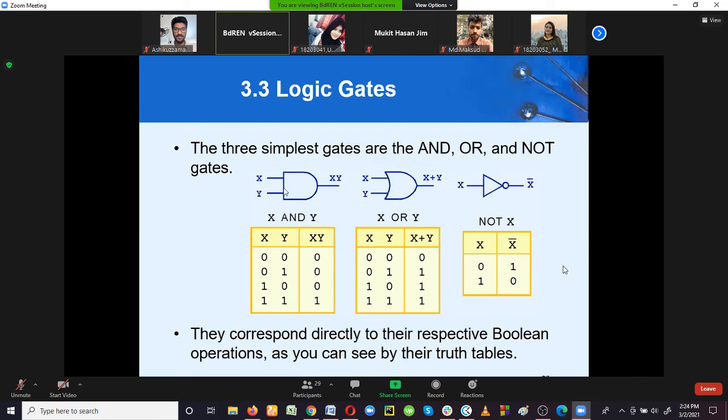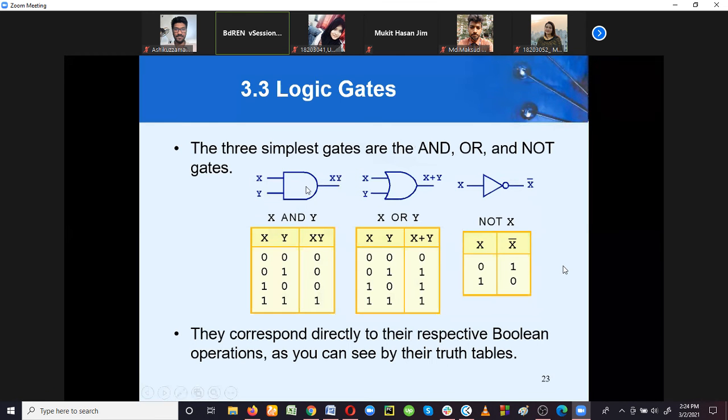The AND gate looks like this, and you are familiar with it from before. The related truth table is here for two inputs. The OR gate looks like this, with its related truth table. The NOT gate looks like this, with its truth table. These correspond directly to their respective Boolean operations, as you can see by their truth tables.